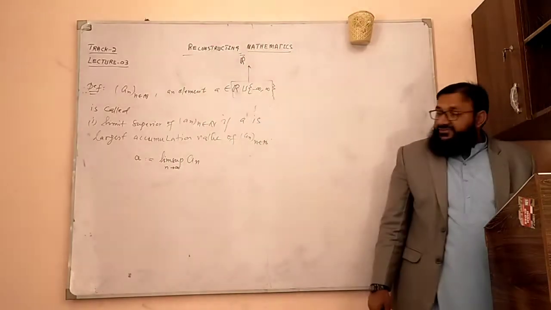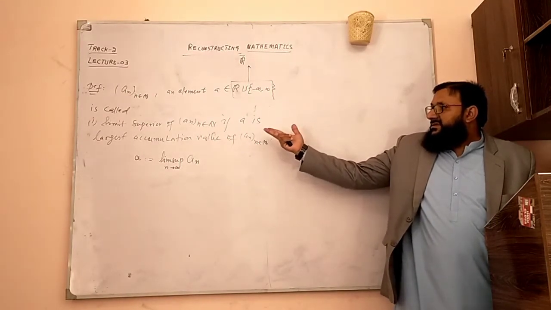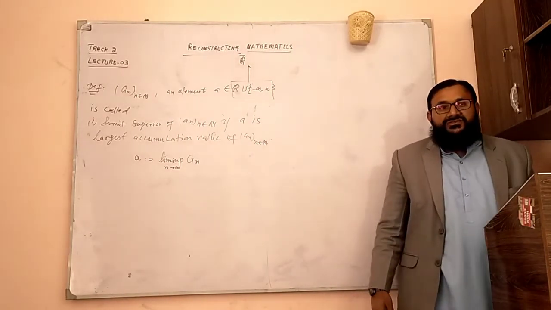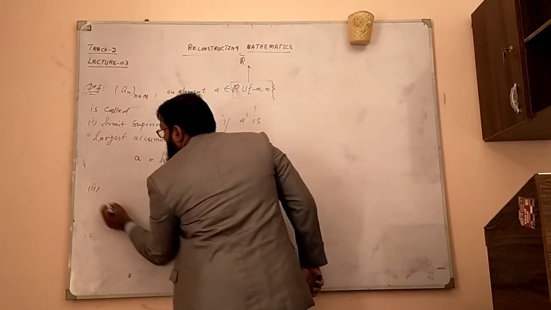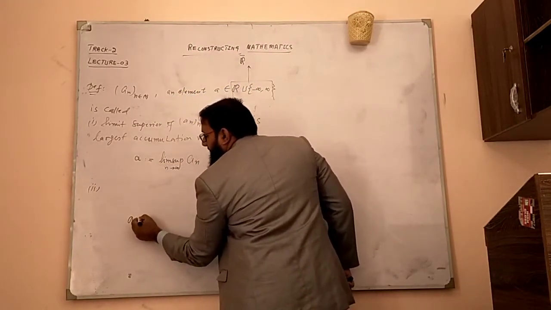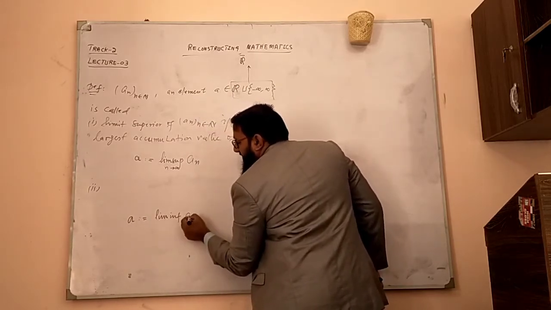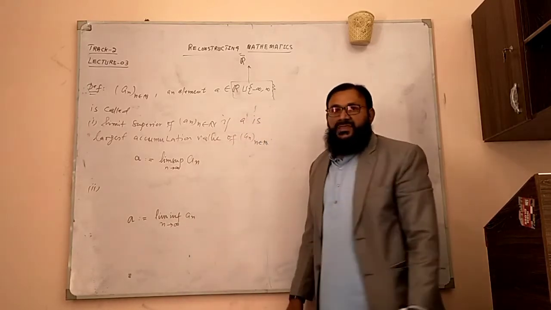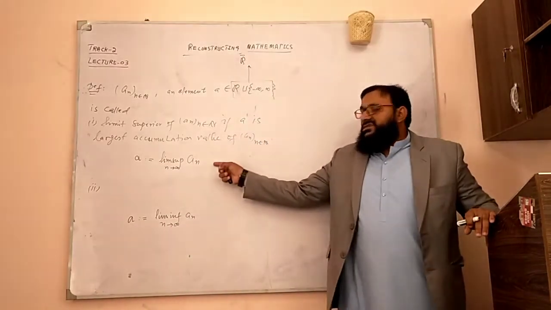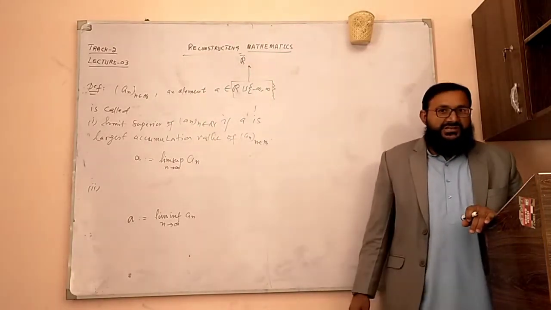And how about limit inferior? The limit inferior of a sequence is the smallest accumulation value of an. Let's say that value is written as liminf an as n goes to infinity. So this is the largest accumulation value and this is the smallest accumulation value.